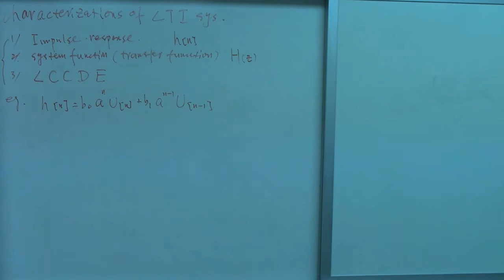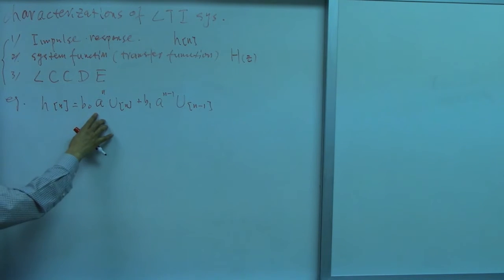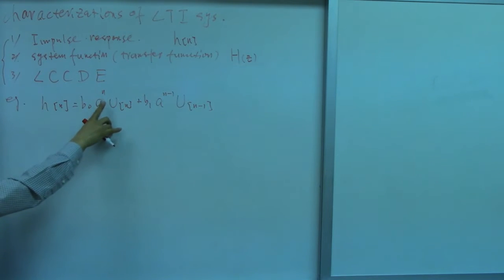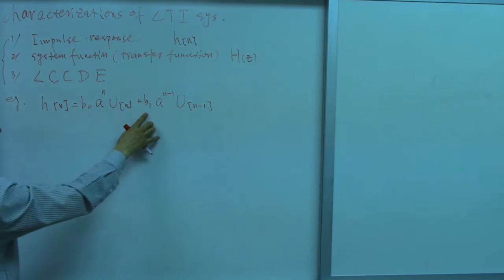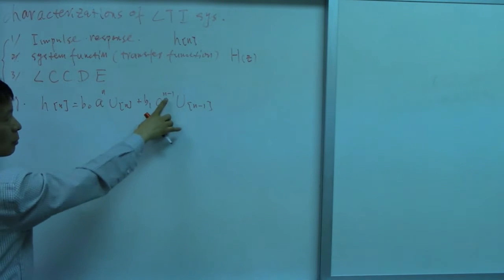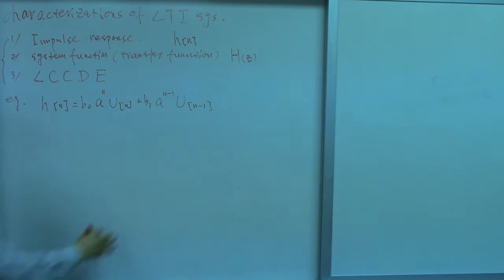You can imagine if the input is just the impulse to the system, then the output of the system will be b0, which is a constant, a is constant to the power of n, u[n], unit step function, and plus b1, another constant, a to the power of n minus 1, delayed by one time unit step. So this is the impulse response.